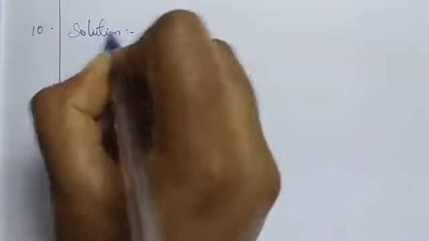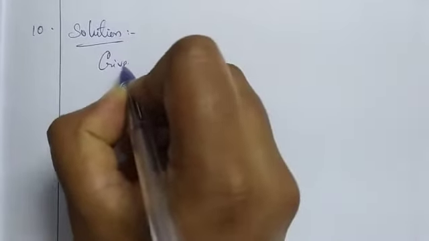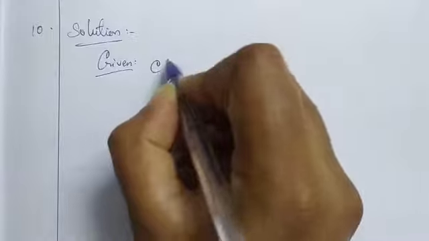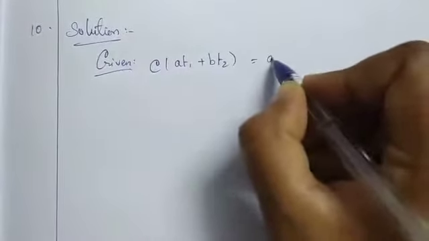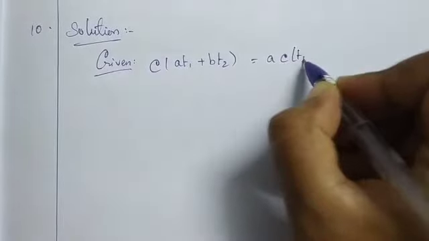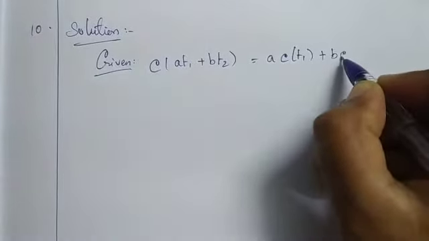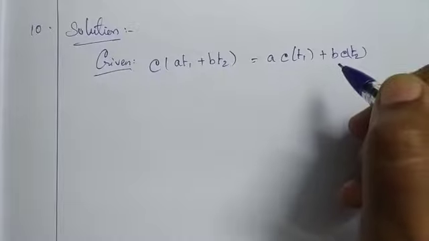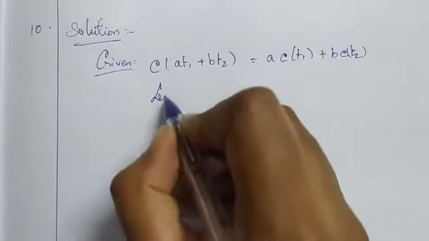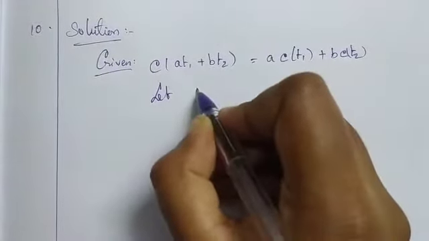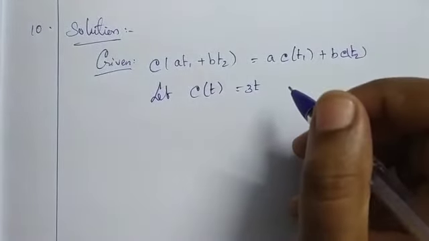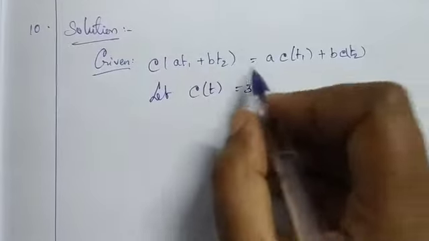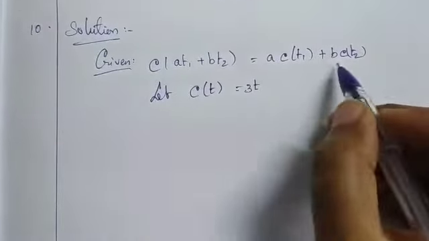Solution. Write the given: C of at1 plus bt2 is equal to a C of t1 plus b C of t2. Let capital C of small t is equal to 3t. Using this, you can verify.